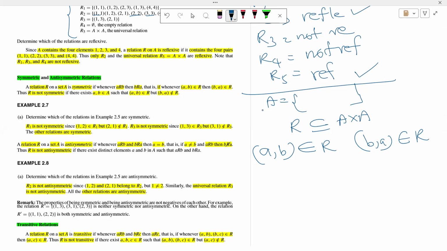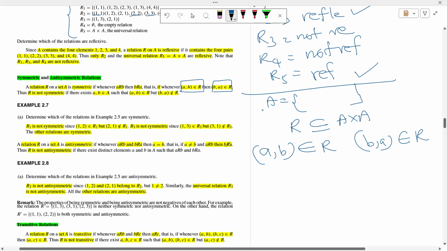Imagine you have a relation, which means you have ordered pairs. In those ordered pairs, if you have a pair A comma B, then definitely B comma A is also included in that relation.